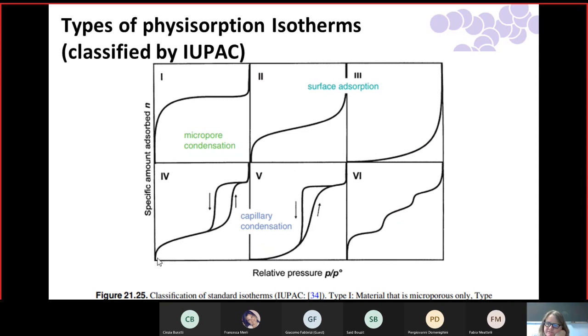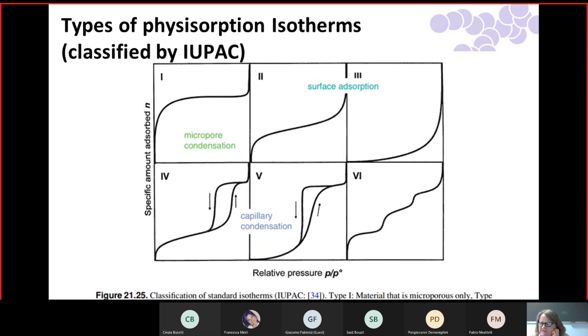So on these, the adsorption, desorption are the same. On type 4, my adsorption is different from my desorption. Same with type 5, and the difference are wetting and non-wetting.